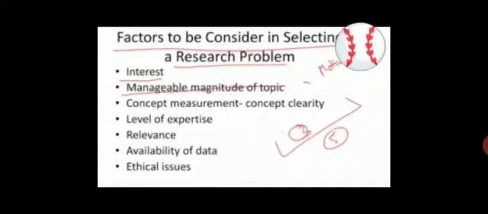Say for example, you are selecting a topic for your MPhil studies or for your PhD studies that would be for 3 years or 5 years. So you should select a topic which you can complete in 3 years or 5 years. So it should be manageable. You should not select a topic which is very vast, which you cannot manage in the specified time and resources.